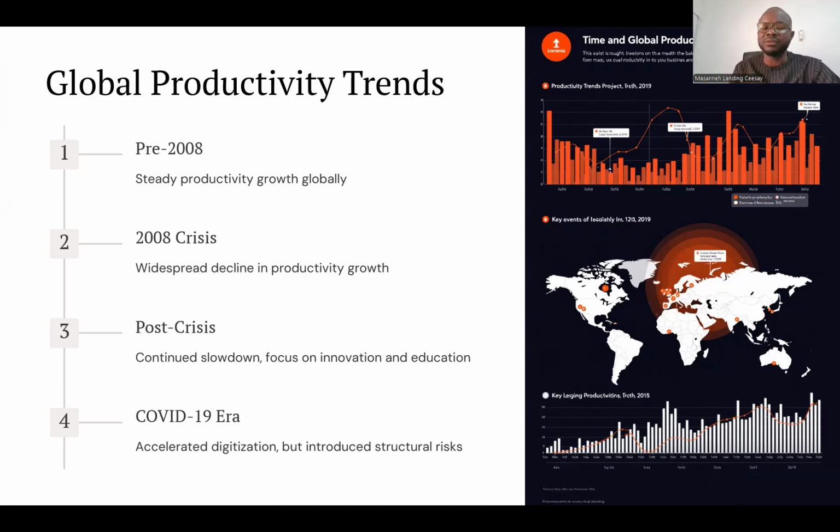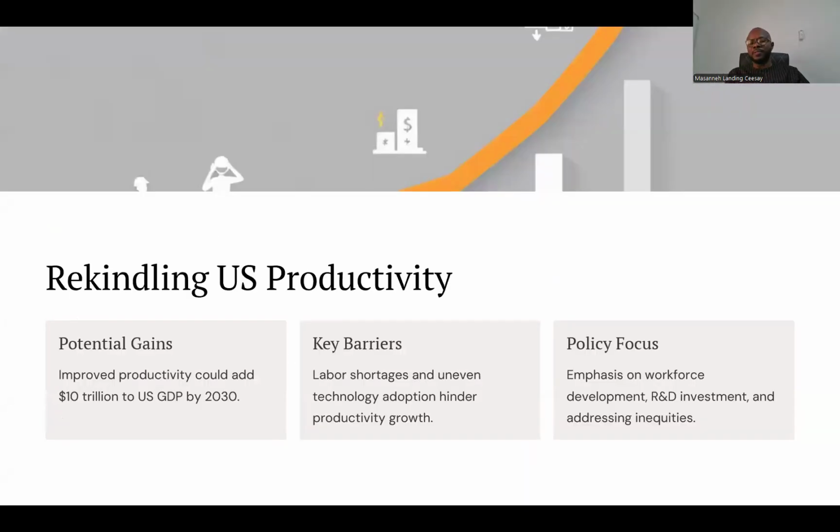And then came the COVID-19 era, which forced people to adopt technology a lot more than we used to. So digitization has been accelerated quite fast, but it also introduces structural risk along the way. And so, how do countries rekindle their productivity?